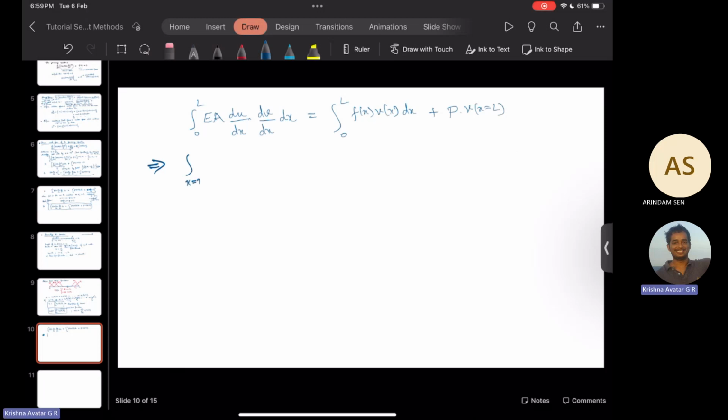It's like x is equal to x naught to x1 of du/dx dv/dx, plus x is equal to x1 to x2. Mind you that integration is just the sum of multiple integrals. It can be defined like that as well, provided that the domain or the limits of the integration happen to be continuous. Plus, till it will go to x is equal to xn minus 1 to xn, and the same thing dv/dx.